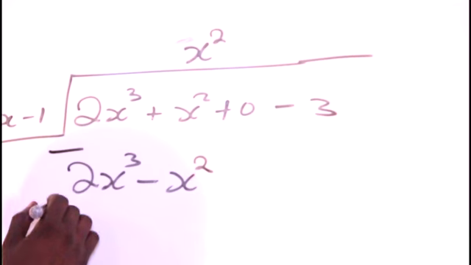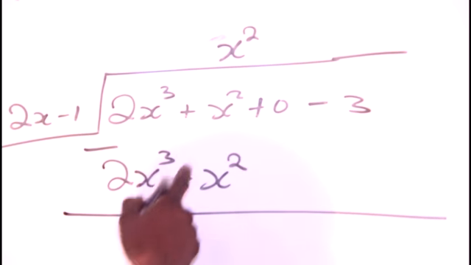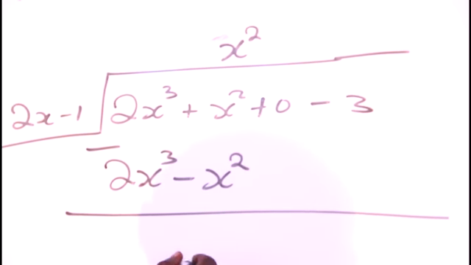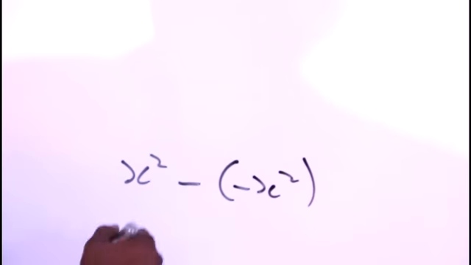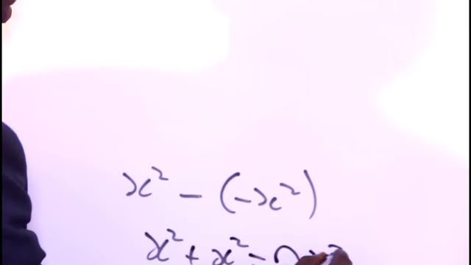So we try to find the difference. In finding our difference, this will go, we're left with x squared minus minus x squared. If you work it out, that will give you x squared plus x squared, which is same as 2x squared.